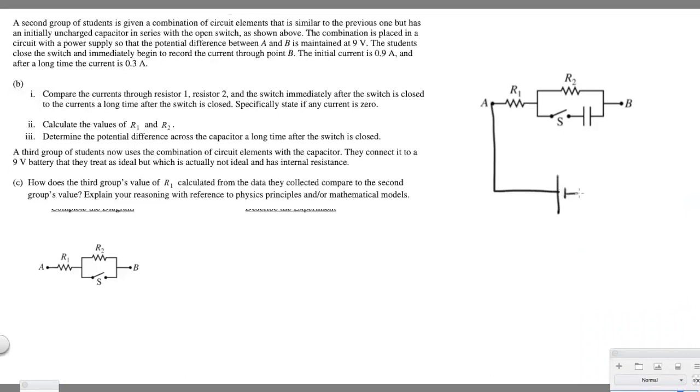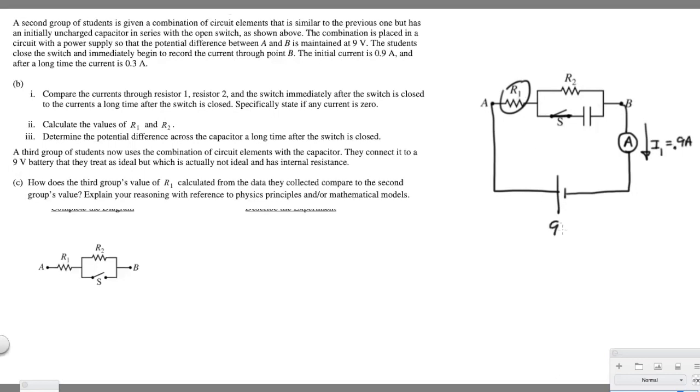All right, so group 3, we're trying to find R1. We want to use the data for when the switch is first closed, immediately after the switch closes. Immediately after the switch closes, we called that I1, that was 0.9 amps.